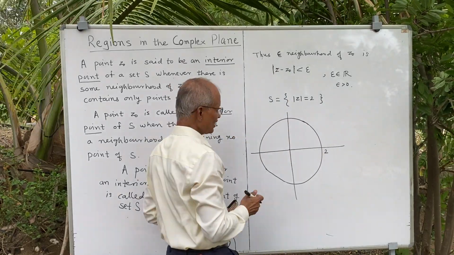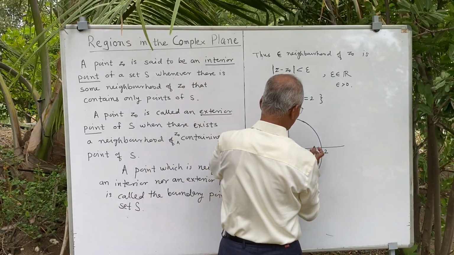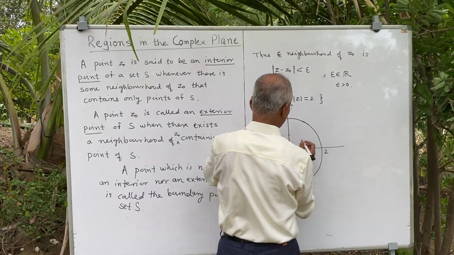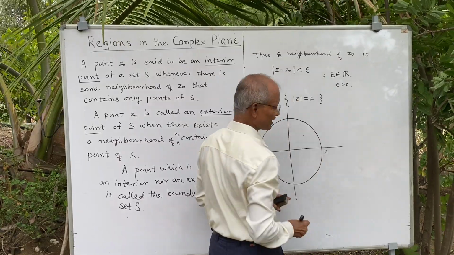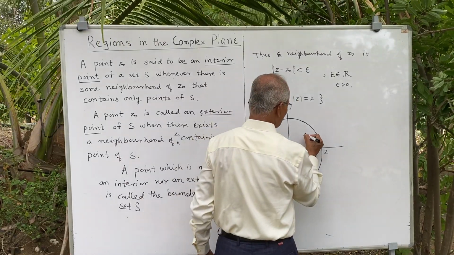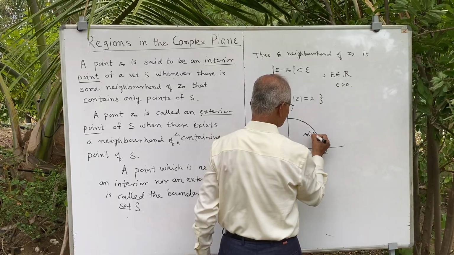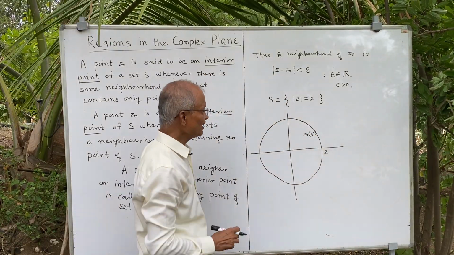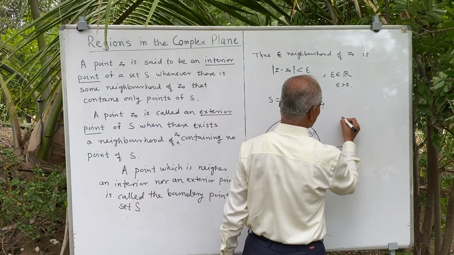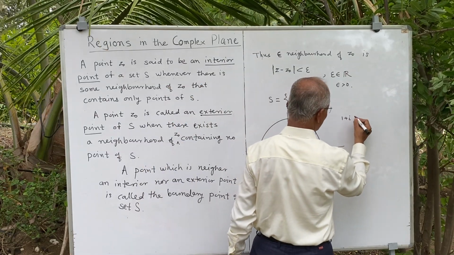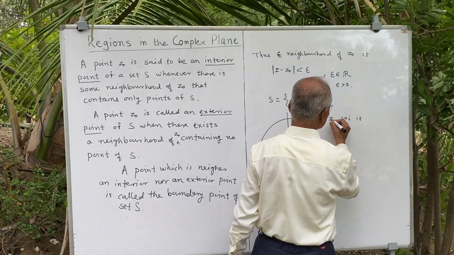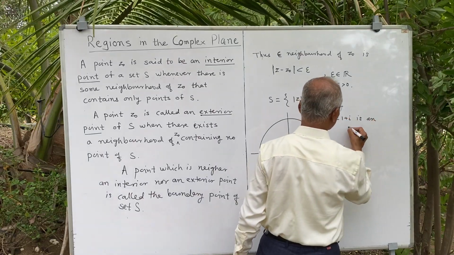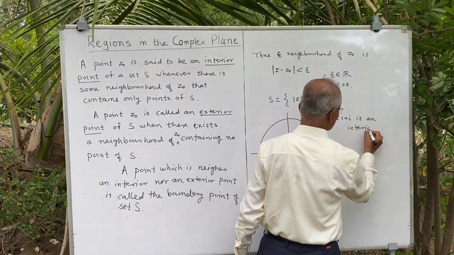And now the point which is 1 unit and this 1 unit, that means if you consider this point as Z0, the point will be (1, 1), and that means 1 plus i is an interior point. Z0 is an interior point of S.